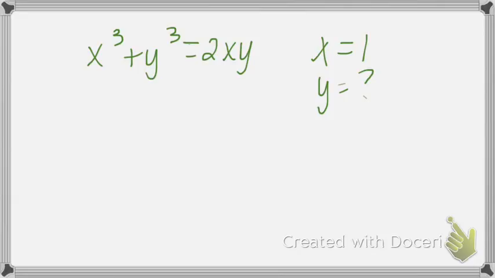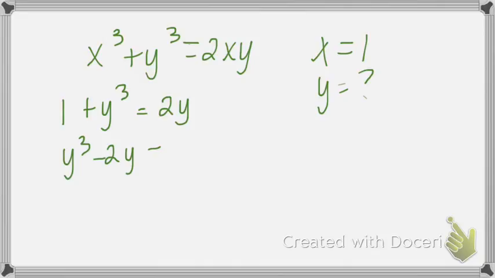So what you would do is plug 1 in for x, and then move everything over and try to solve it. Now this one doesn't come out very nicely. I'd probably have to solve that on the calculator to figure out what y is, but on problems where they gave you that, usually it's simpler to figure out y. That's sort of how you go about it if you had to figure out what y was if they didn't give you the full point.